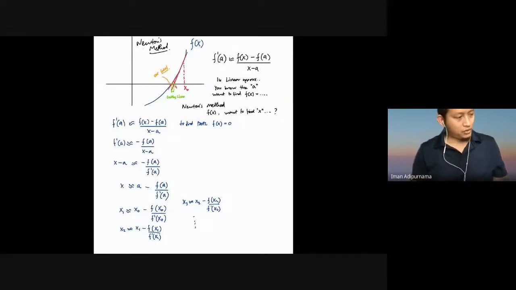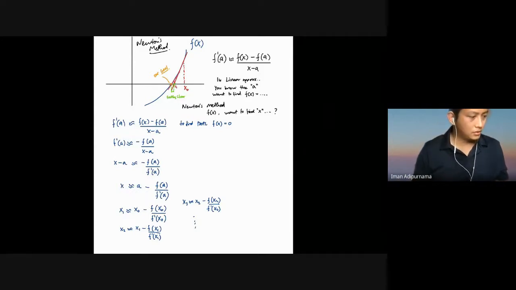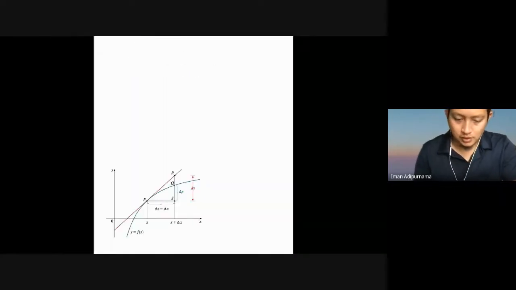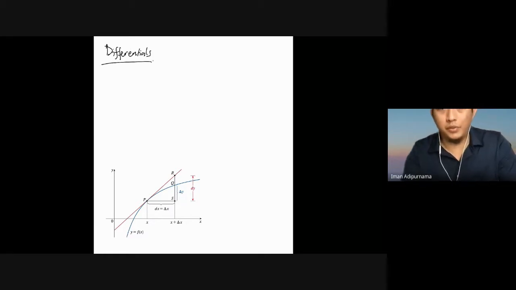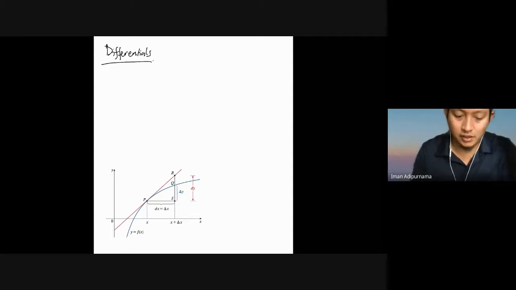Before going to chapter 4, maybe there are some symbols that I need to give you. Okay, let me go here. This is called the differentials. Before we go into chapter 4, I forgot to give this. Differentials is just a new terminology.